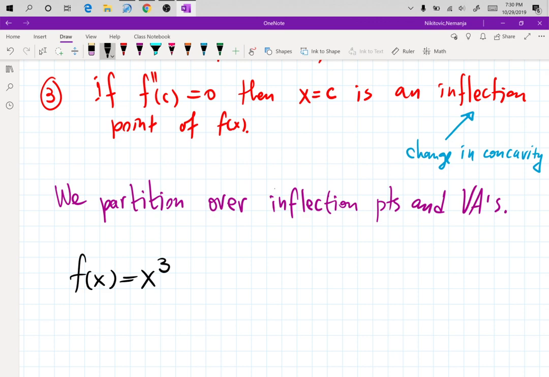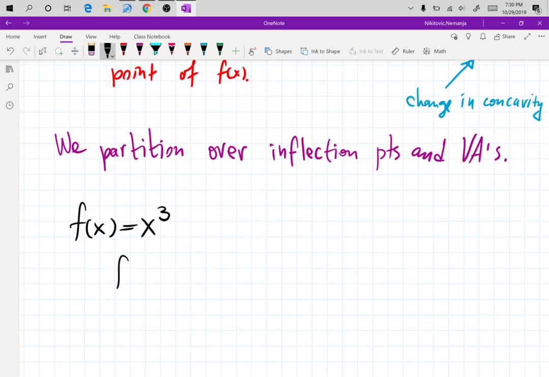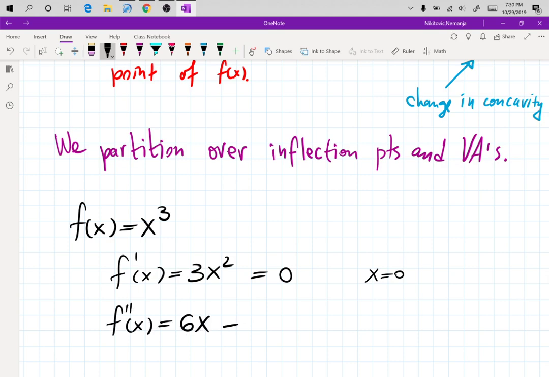If you take the first derivative, you get 3x squared, and if you set this equal to 0, you get x equals 0. But the issue is that when you take the second derivative, you get 6x, and when you set that equal to 0, you still get x equal to 0.